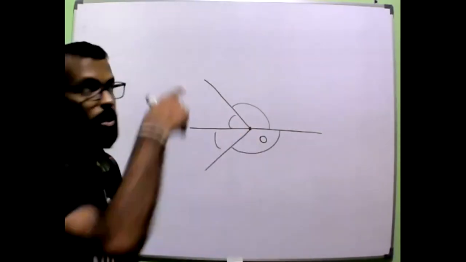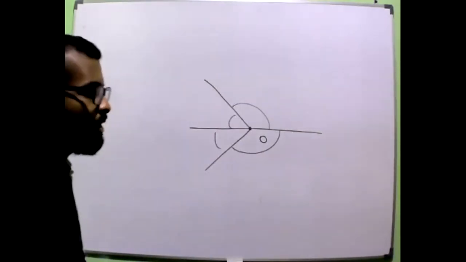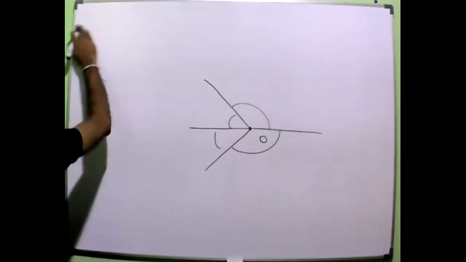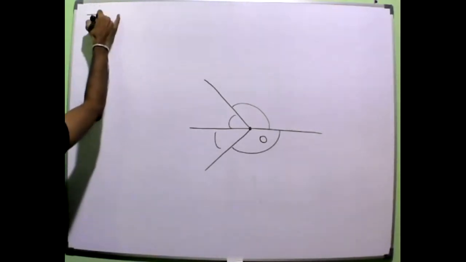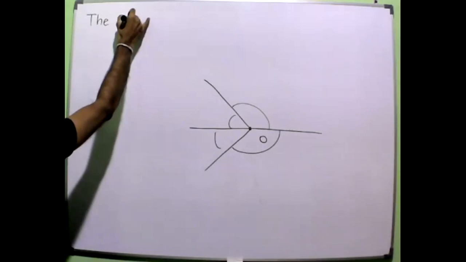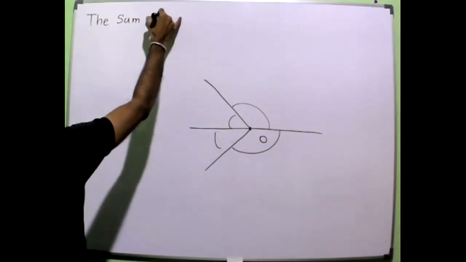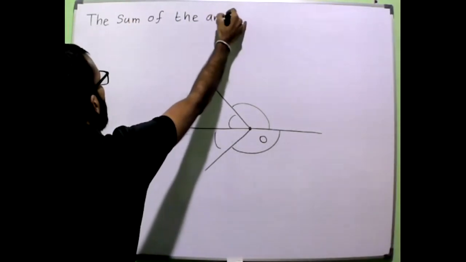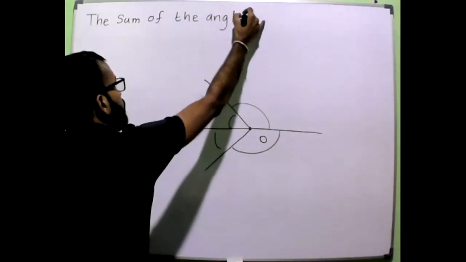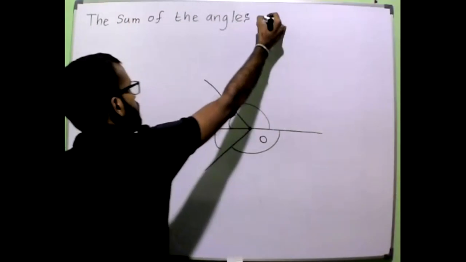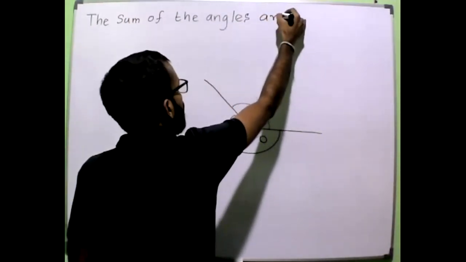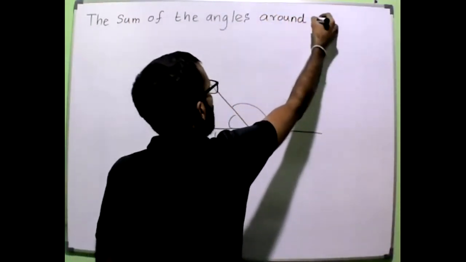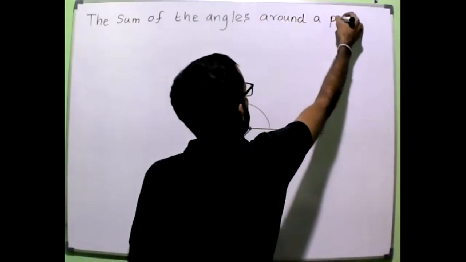So please write down the subtitle with me: the sum of the angles around a point.